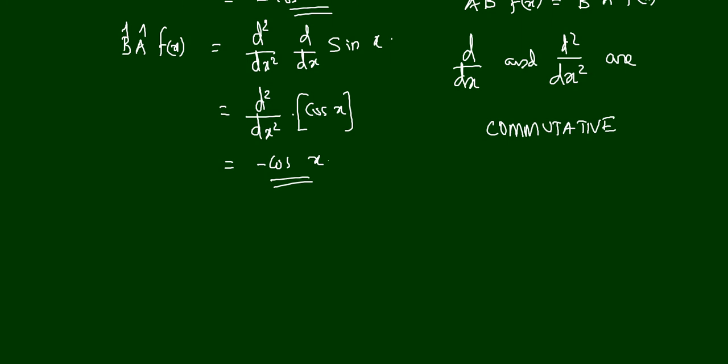The significance of commutating operators is that if two operators are commutative, the physical quantities corresponding to these operators can be simultaneously and precisely determined. I will explain that in a little detail, but I will come to more detail when we are learning the second postulate of quantum mechanics.